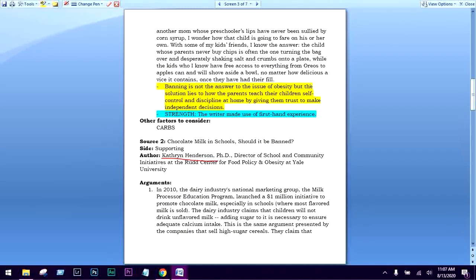So KJ Dell'Antonia, I think with that, just reading the first source, I know already that the second source might have a better argument. And that's what I will discuss in my essay. And I'm going to show it to you later on. And you will have to do it, not me. Okay?